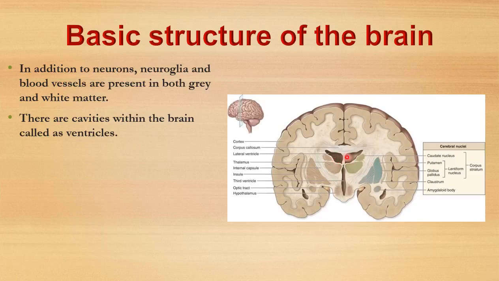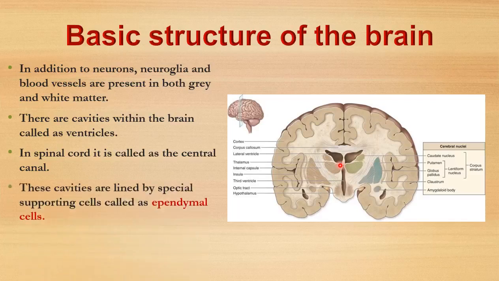The ventricles in the brain, you call them ventricles, but in the spinal cord, within the center of the nervous tissue, there is a long canal running throughout the length of the spinal cord, which is called the central canal. These cavities are lined by a specialized type of supporting cells called ependymal cells.